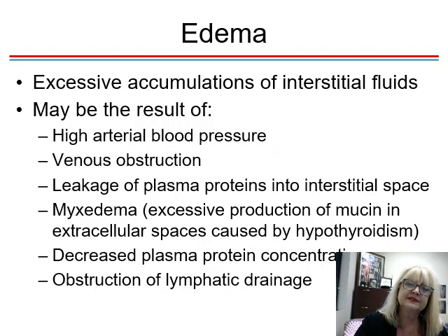Edema is the excessive accumulation of interstitial fluids. It might be the result of high arterial blood pressure, venous obstruction, or leakage of plasma proteins into the interstitial space. It might be the excess production of mucin in the extracellular spaces caused by hypothyroidism, decreased plasma protein concentrations, or the obstruction of lymphatic drainage.